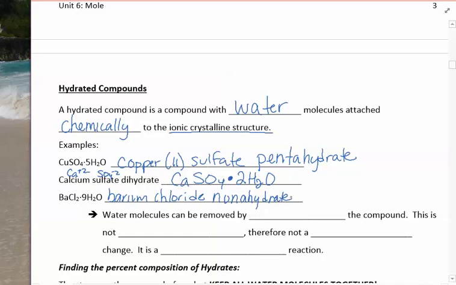The water molecules can be removed by heating the compound. So there's a small typo in your notes here. This "not" needs to be crossed out. This is evaporation.